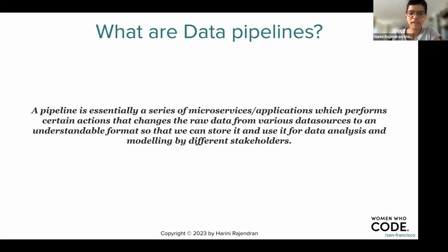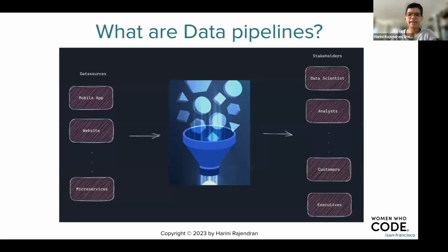So what do I mean by that? Let's take an example. Let's say you are a company, you have a mobile app, you have a website, and you have multiple customer facing microservices that are running. And you collect some information, some raw data about your users on these different platforms. And you are interested in doing some analytics on top of the data.